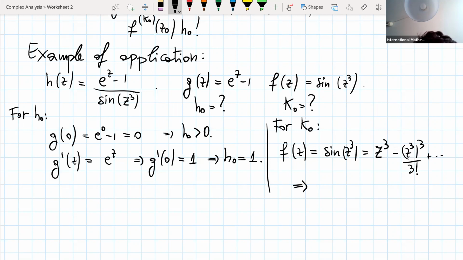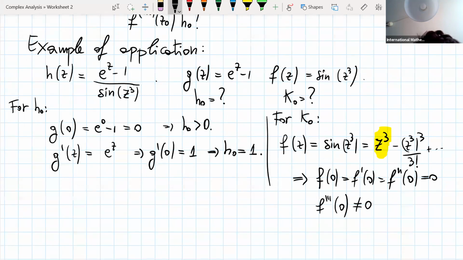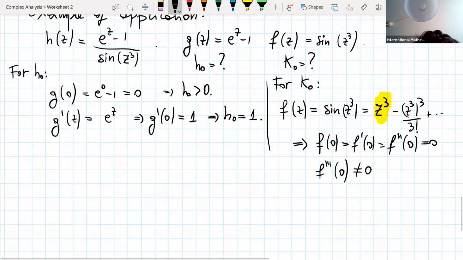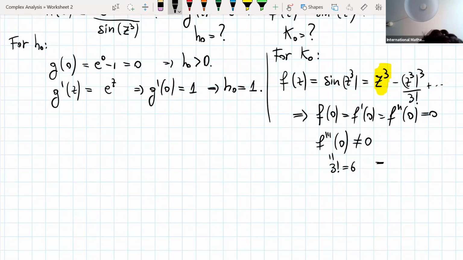So you see here the first term, which appears with a non-zero coefficient, is z cubed. So this implies that f(0) equal to f prime of 0 equal to f second of 0, they are all 0. And the third derivative is different from 0. Actually, the third derivative is equal to 3 factorial equal to 6. Okay, so this implies that k0 is equal to 3.